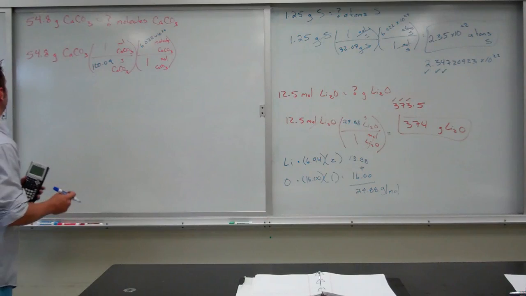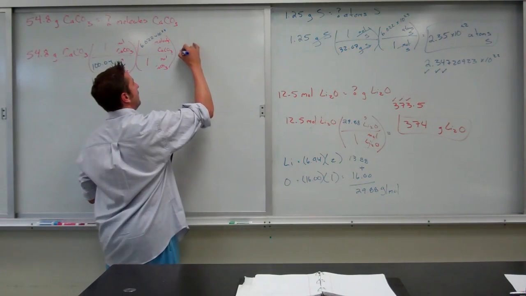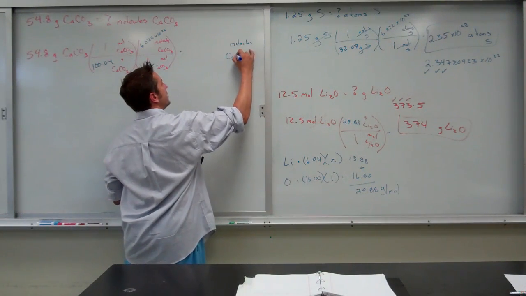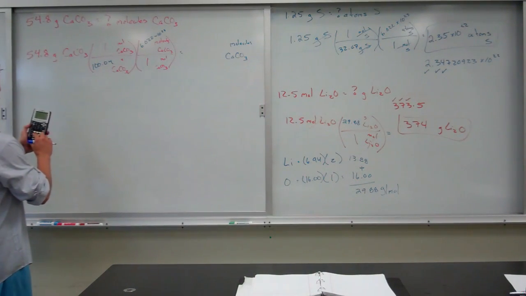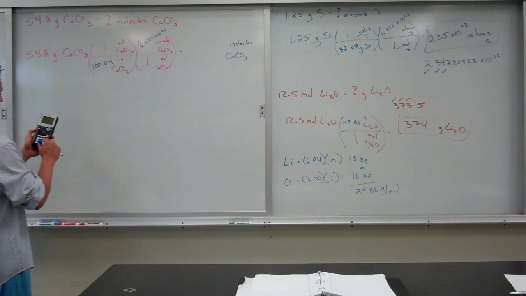Now it's just a matter of finishing the problem. Grams cancels, moles cancels. I'm left with molecules CaCO3, and we take our 54.8 divided by 100.09 times 6.022 E23.